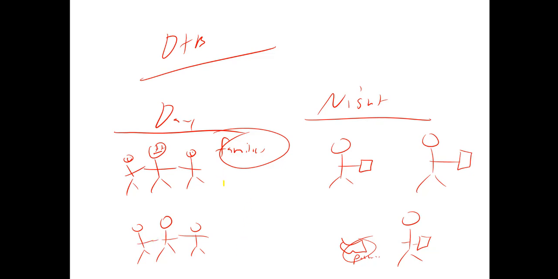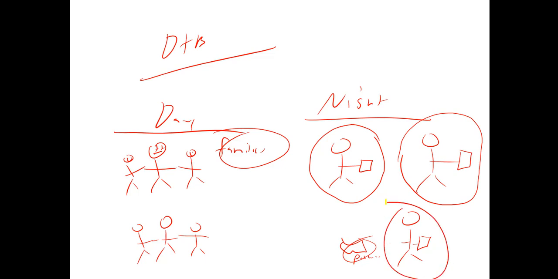Now, at night, you may have a bunch of buddies that are all hanging out, losing all their money, drinking their beer. And there's this social cohesiveness, but that social cohesiveness is nowhere near as strong as the family unit that you see there. Family units are obviously much stronger, with much more social cohesion than individual friends.